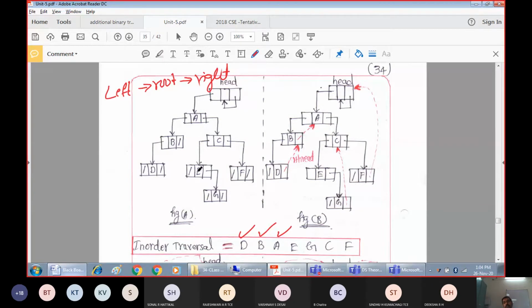After left, you process root, right. That means E and G are processed. After this entire left subtree, I process the root node, so root node C is processed. Then I process the node F, because that is the right subtree. The same procedure we have followed: left, root, right.